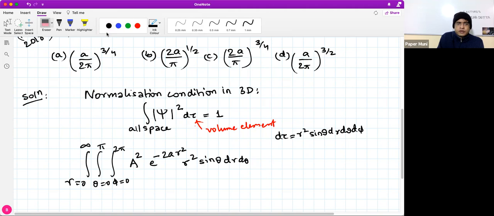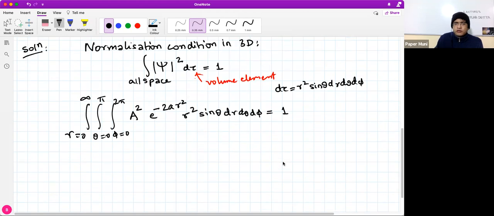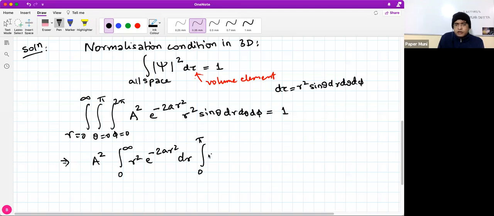Now the radial coordinate part is this. What else do we have? We have the theta part, integral 0 to pi of sine theta d theta, and integral 0 to 2 pi of d phi.